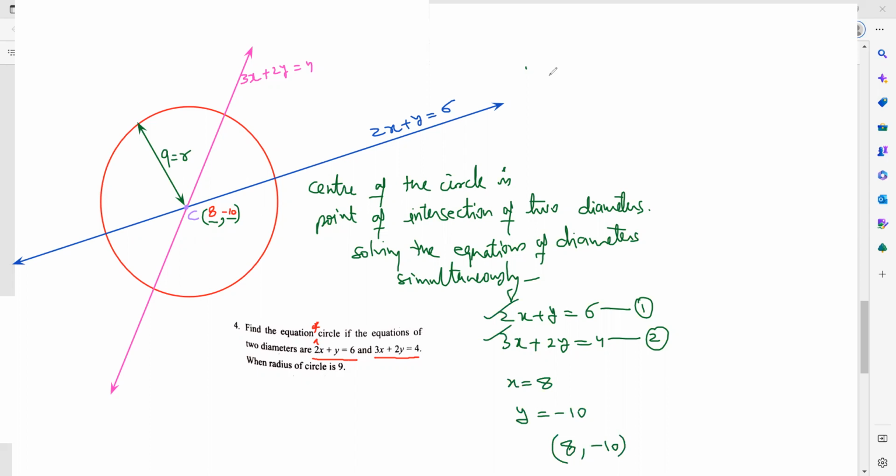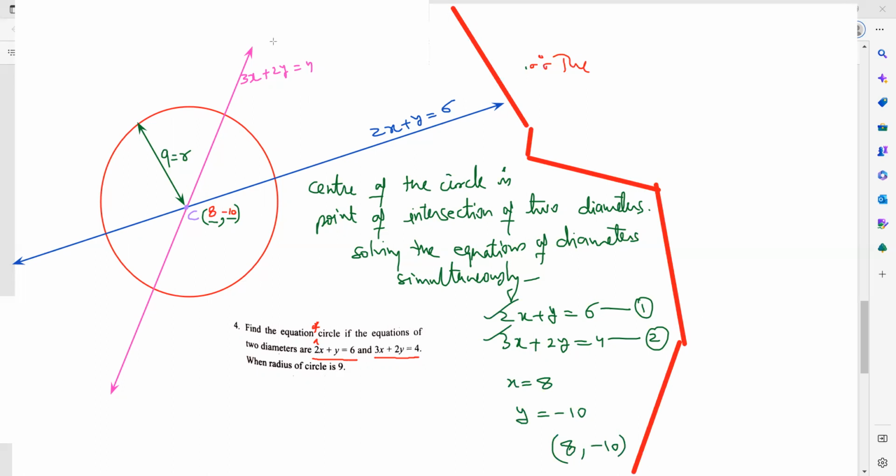Therefore, the equation of the circle in center radius form is x minus 8 the whole square plus y minus of -10, that is y plus 10 the whole square, equals 9 square, r square. So just expand it and you will get the answer.